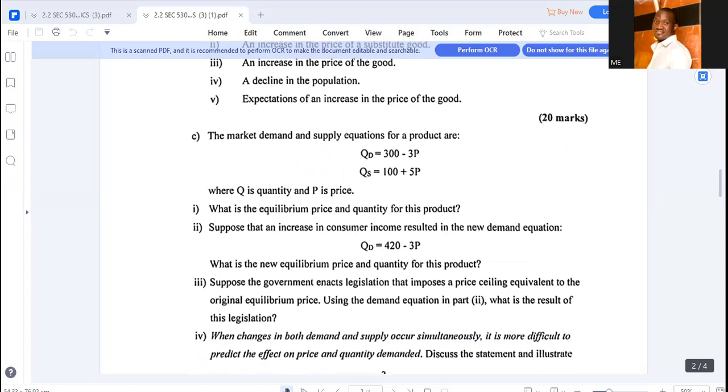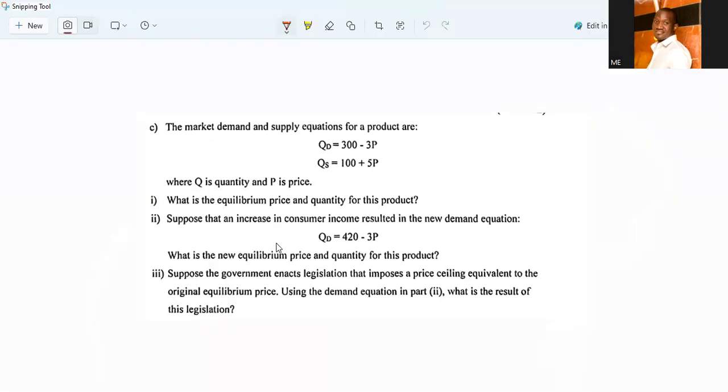So how do we come up with the equilibrium price, and how do we come up with the equilibrium quantity, and show the effect of those government interventions? Anyone?